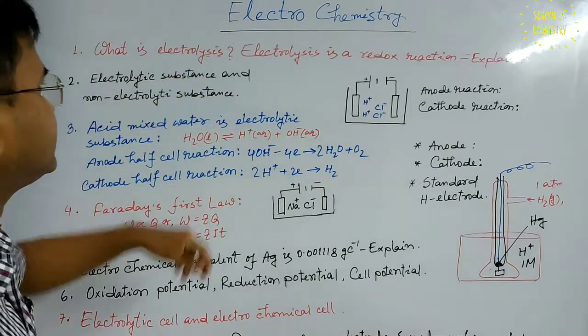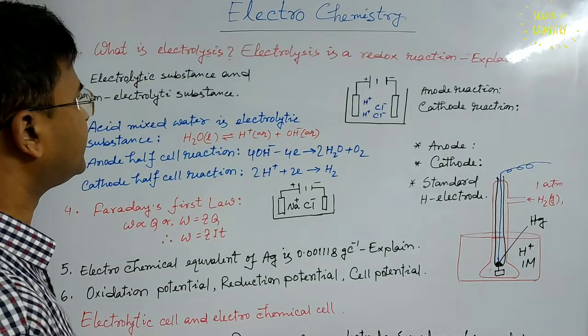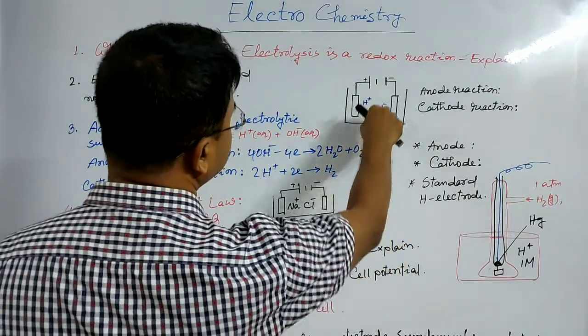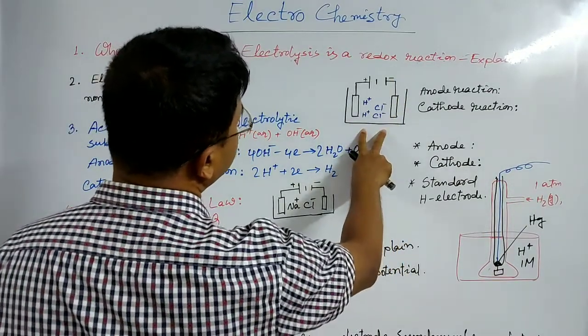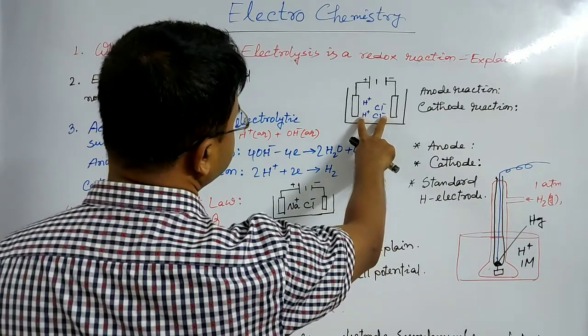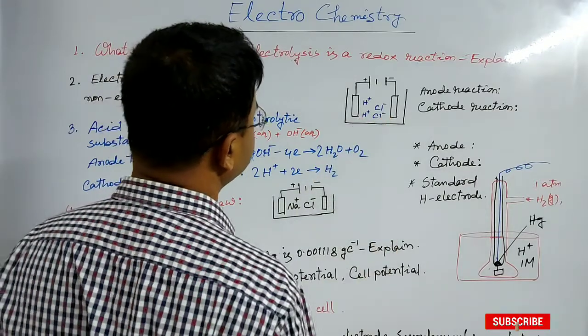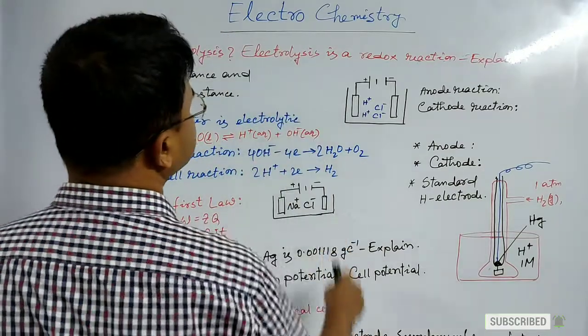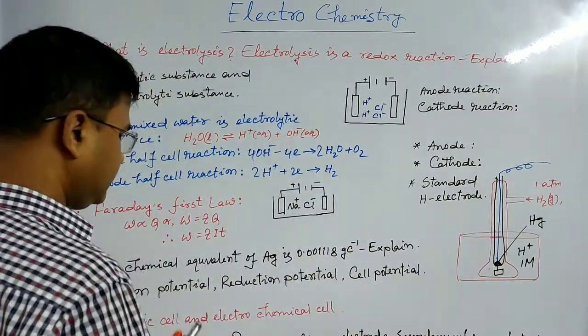What is electrolysis? The process in which electricity is passed through the electrolytic substance and chemical changes take place is called electrolysis. Electrolysis is a redox reaction.